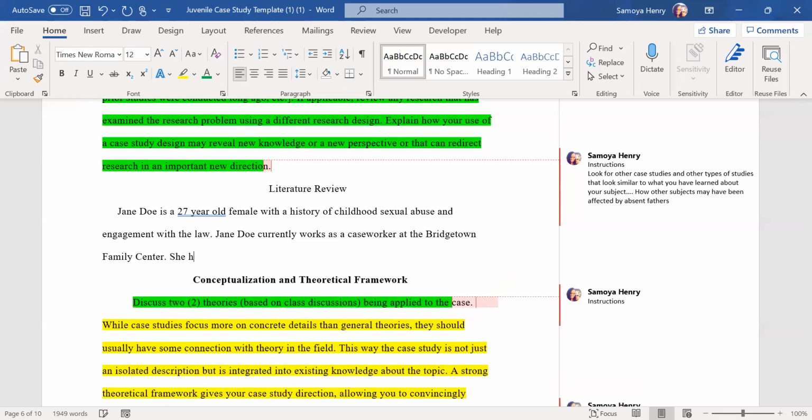She has a bachelor's degree in social work with a minor in theology.